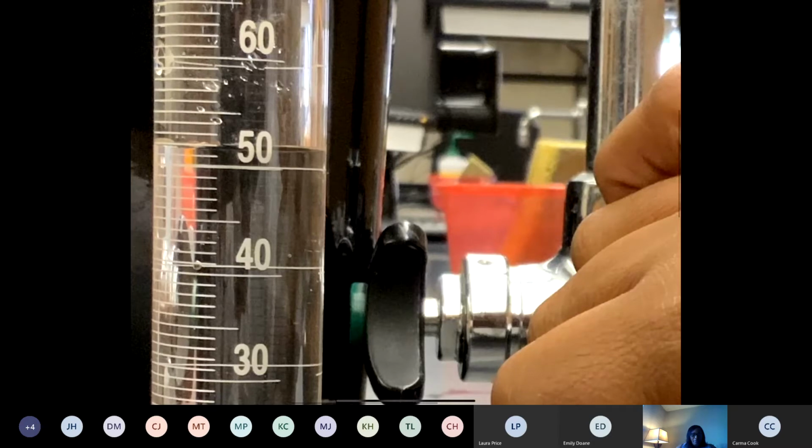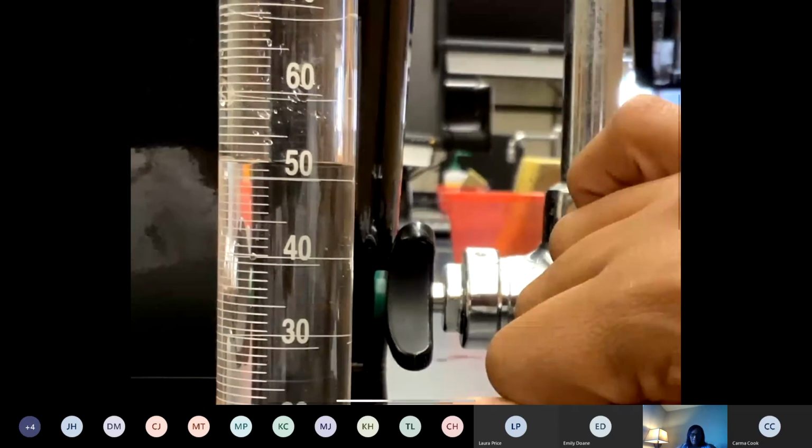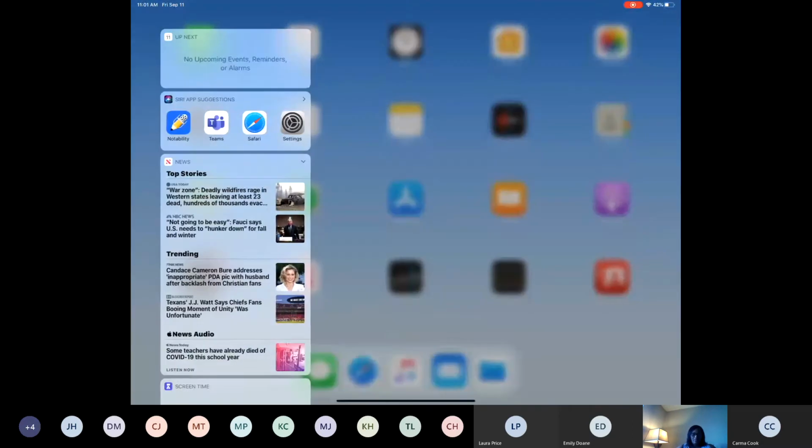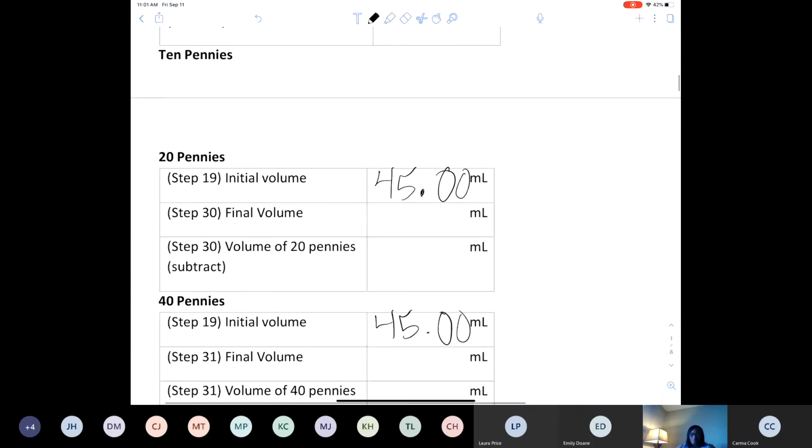So I estimate about 51.8. And do the subtraction, you get 6.80 milliliters for the volume of 20.